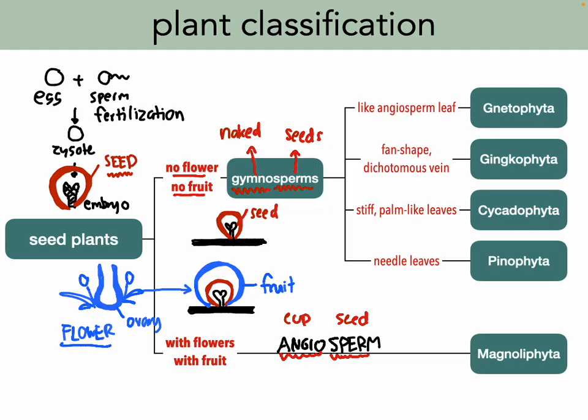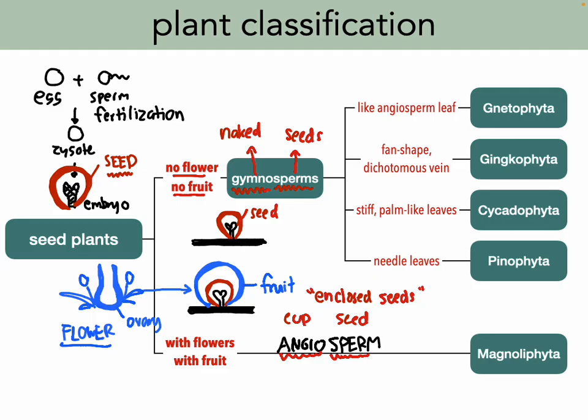Not putting the sperm in the cup, that's totally different. So this is not naked seed, it's enclosed seed. So the seed is now enclosed in something. So naked seed, gymnosperm, and enclosed seed, angiosperm.